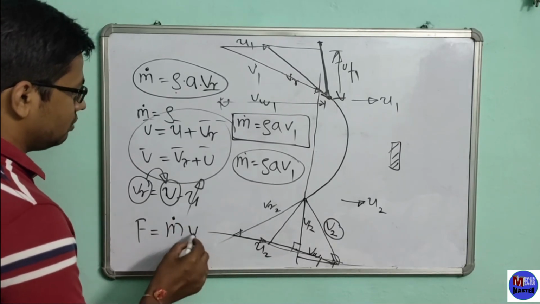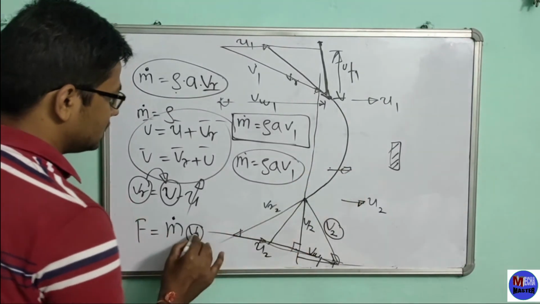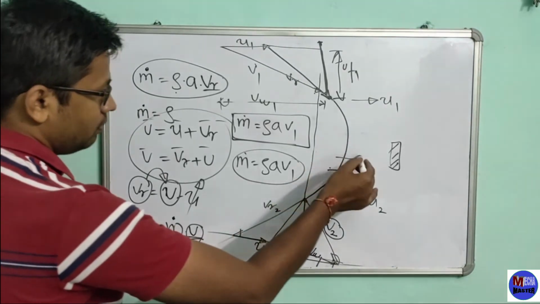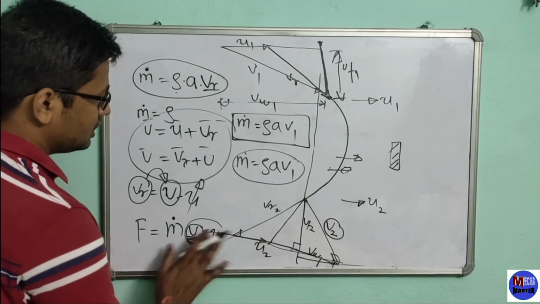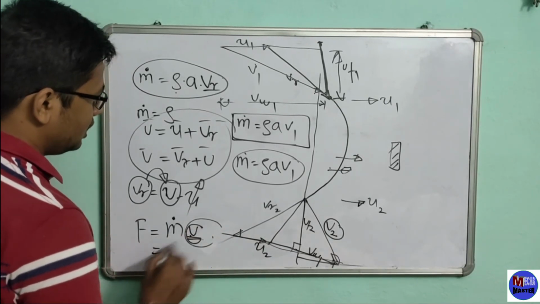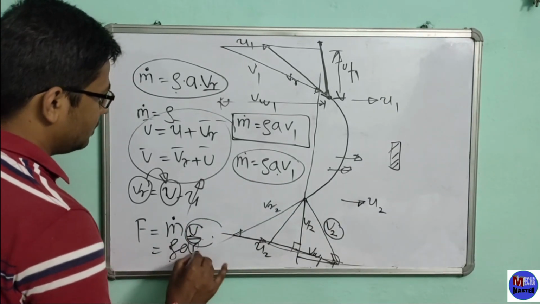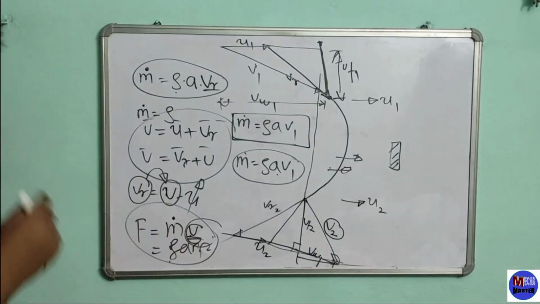Based on this, whether the blade is fixed or moving, this v will also vary. If the blade moves, then this will be v minus u, and if it is not moving, this is simply mv, and you can find it on the basis of this as rho a v1 square. So I am just taking this quickly. In the next video I will explain everything on how you can find it.